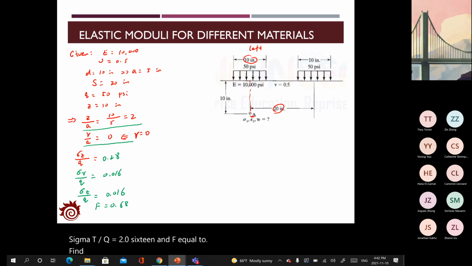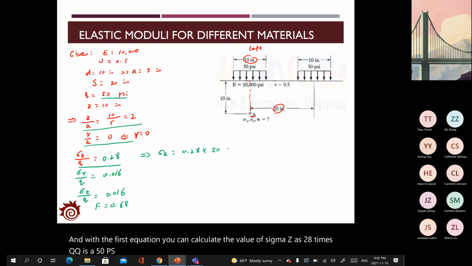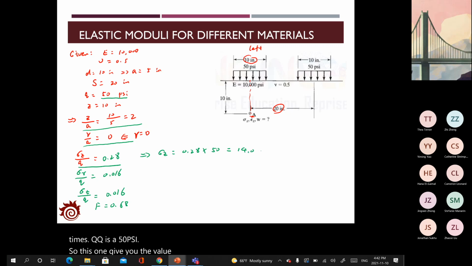And with the first equation, you can calculate the value of sigma z as 0.28 times q. q is 50 psi. So this gives you the value as 14.0 psi. And then you can get the value of sigma r as 0.8 psi.